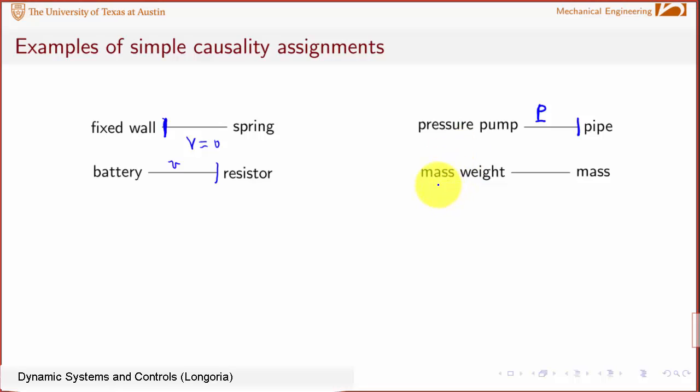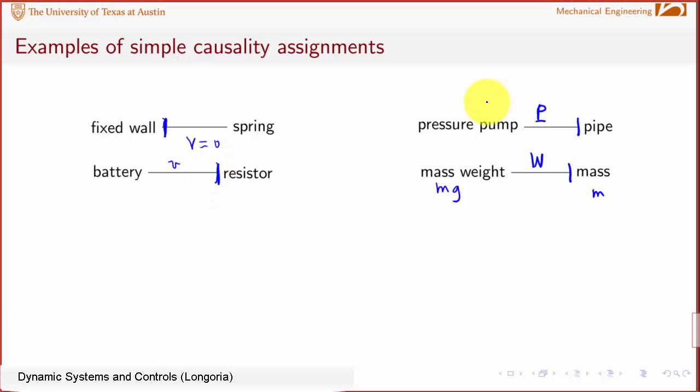So like this is mg, say, and this is the mass. So this is specifying the gravitational force on the mass. So it's a weight. If you want to draw weight here, or force, that's causally also specifying mass. So you can see a couple of different examples of causal assignment here.